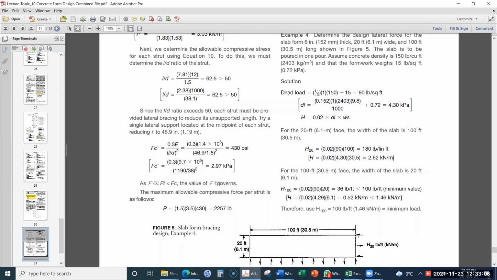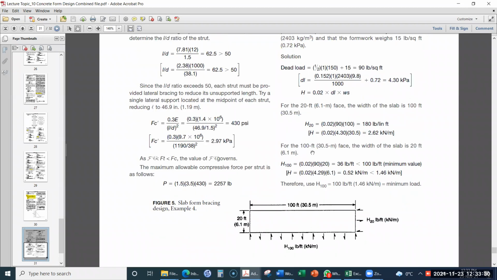So the value of H according to this formula will be 0.02 multiplied by the dead load multiplied by the width of the slab, 30.5 meters. So we will take it as 2.62 kilonewton per meter in this direction.